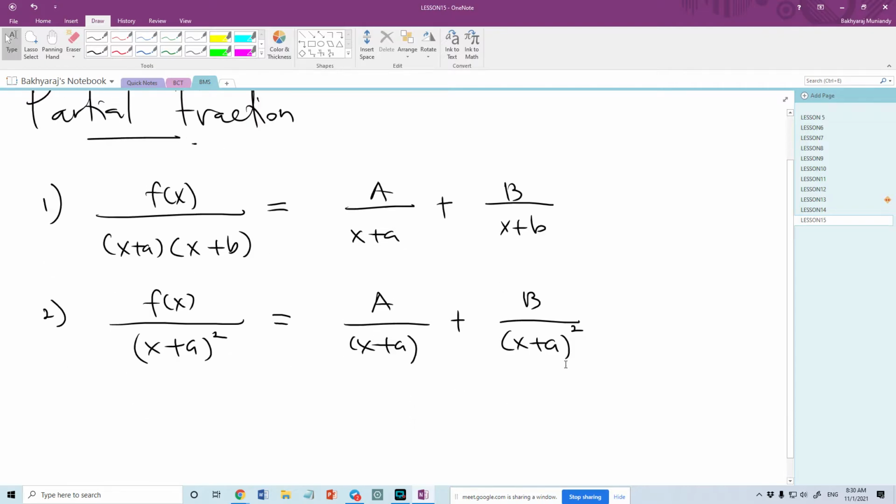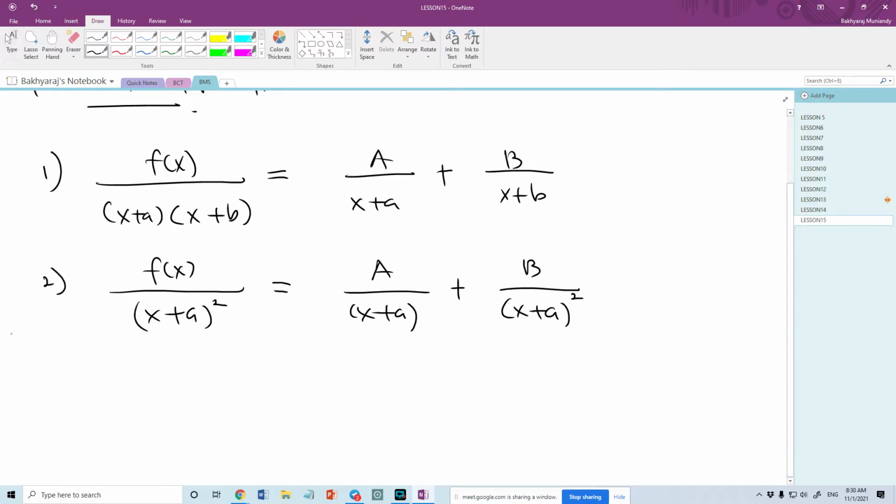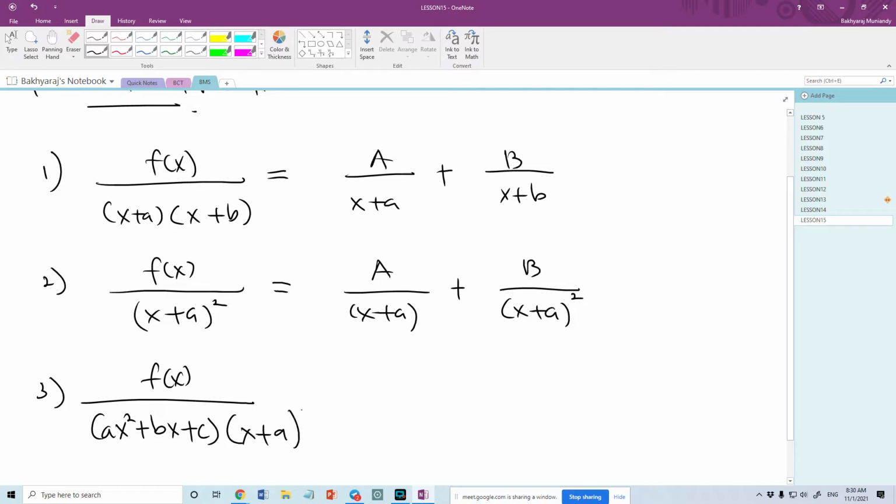And then number three, when you have a cubic problem, cubic maksudnya ada kuasa 3 lah. Okay, fx equal, okay, you get ax square plus bx plus c times, then here you get x plus d.